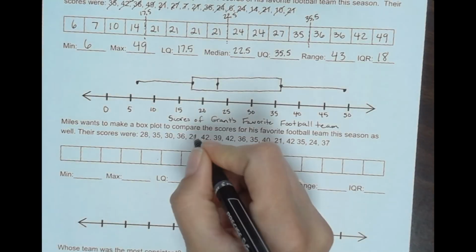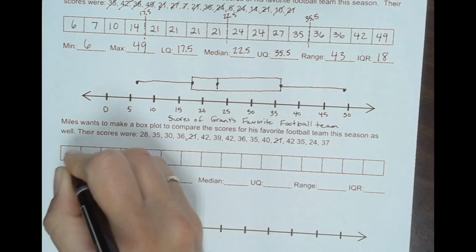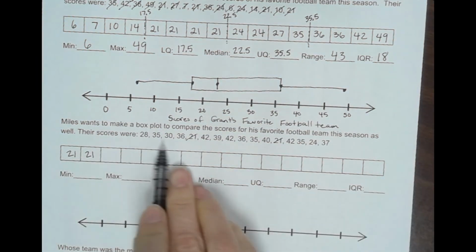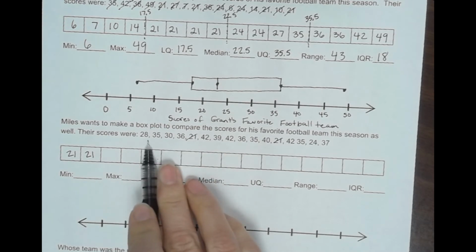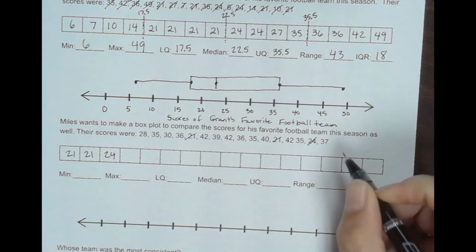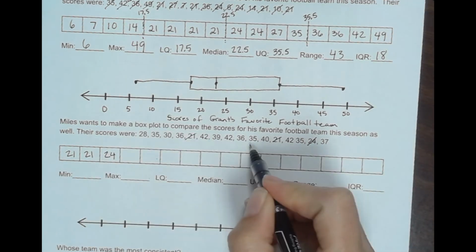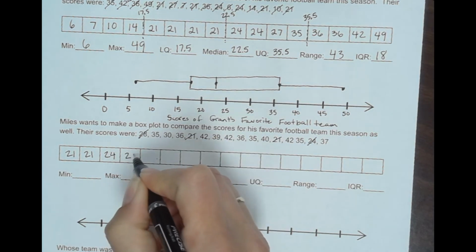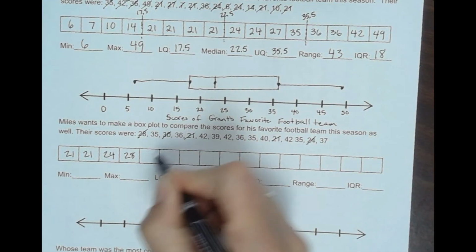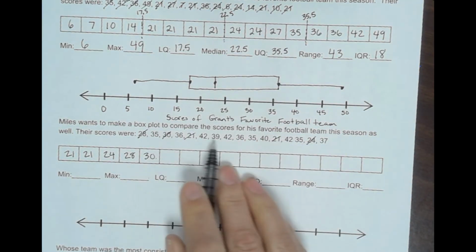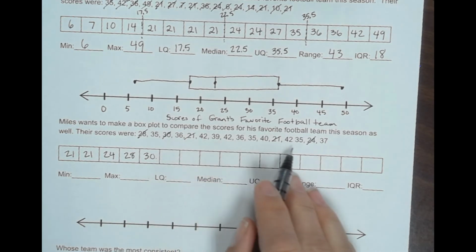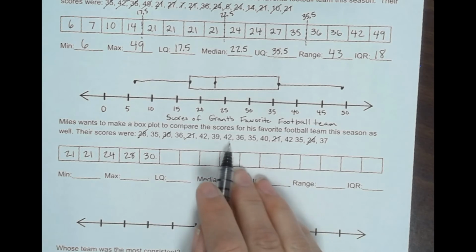So I see two 21s. Okay, after 21, there's a 28. Anything lower than 28? Yes, there's a 24. And 28 would be next. Okay, after 28, I see a 30. I don't see any other 30s, so 31, 2, 3. Okay, I think 35 is the next lowest I've seen.